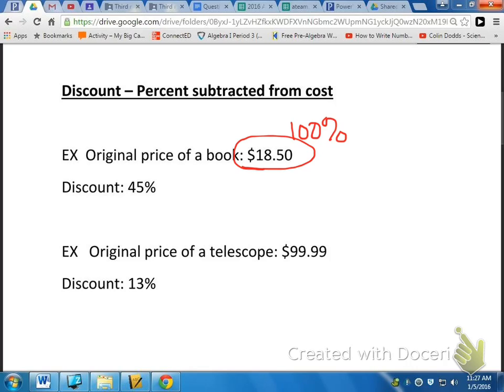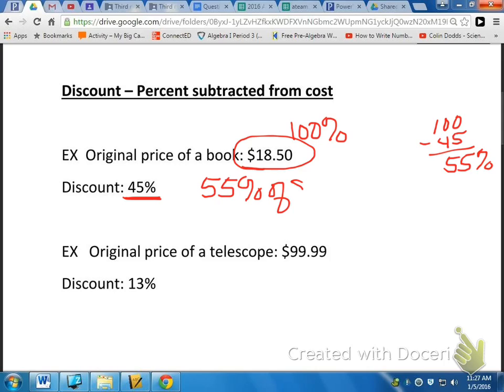We're discounting 45%. That means we're not going to pay 45% of it. So what percent are we going to pay? Rusty? 145%. Nope, not 145. We're taking that off. You would actually take 100 minus 45, 55%. So we're going to pay 55%, so that's the problem that you will actually work out.